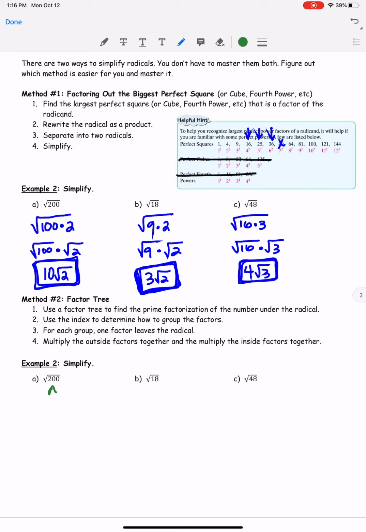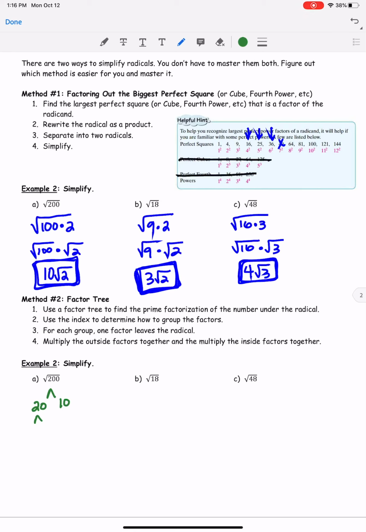So you break this down until you get prime numbers. It does not matter how you break this down. Because we already broke it down as 100 times 2 here, let's do something different. I'm going to break this down as 20 and 10.